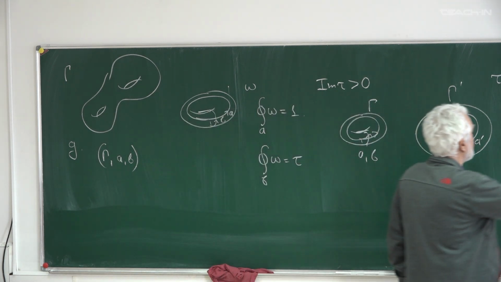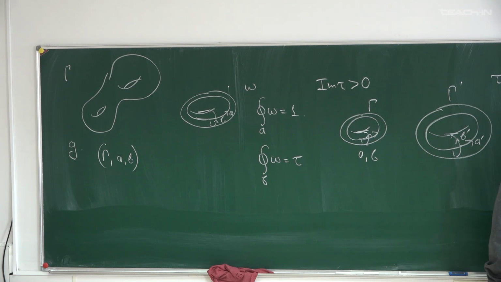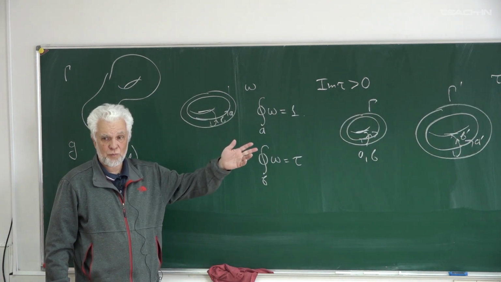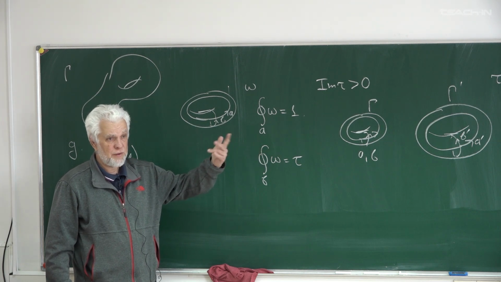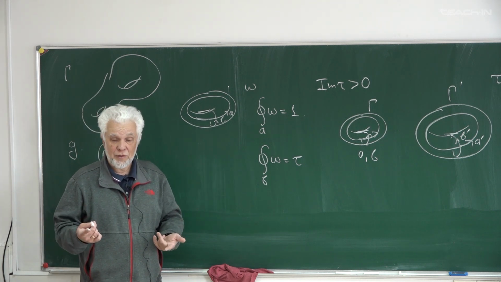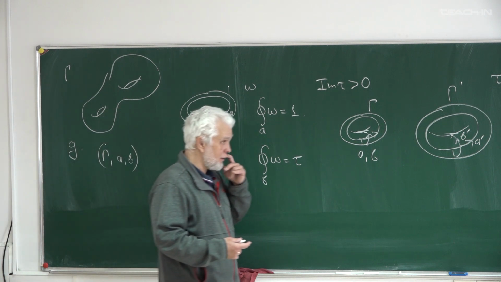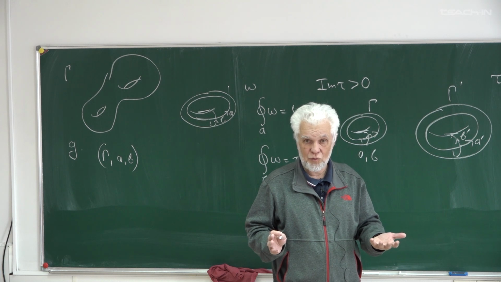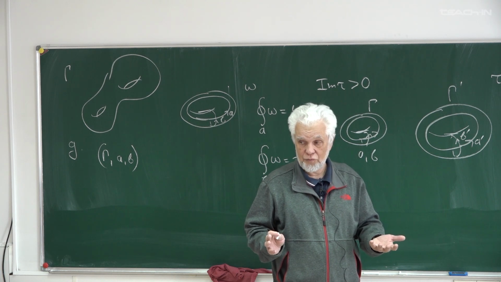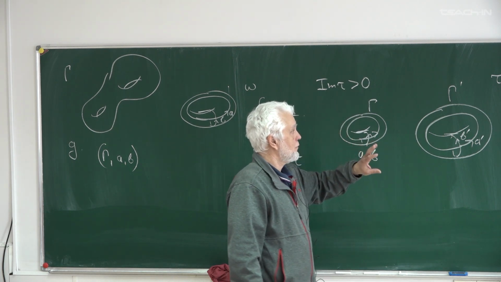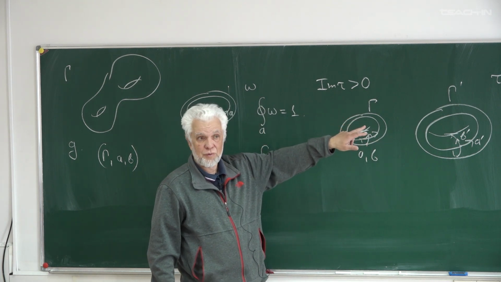The group is SL(2,Z). You know what this group means: it's a group of integer invertible matrices respecting the skew-symmetric form, because on the cycles we have the skew-symmetric intersection form that we introduced.